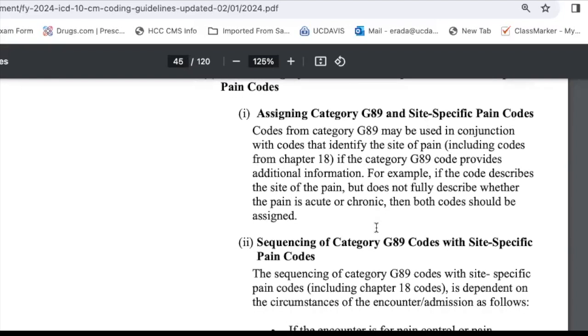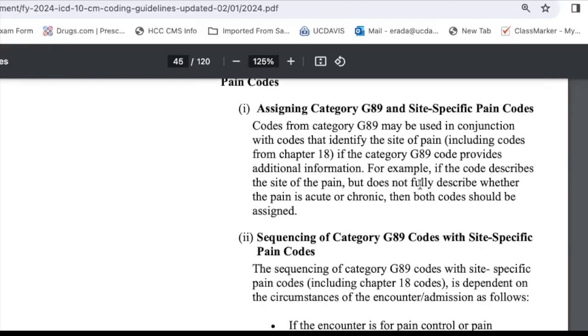Okay, so what does it mean, guys? So for example, let's say the patient has acute or severe osteoarthritis of the hip. The doctor documented severe osteoarthritis of the right hip, and that is causing, of course, hip pain and back pain, right?